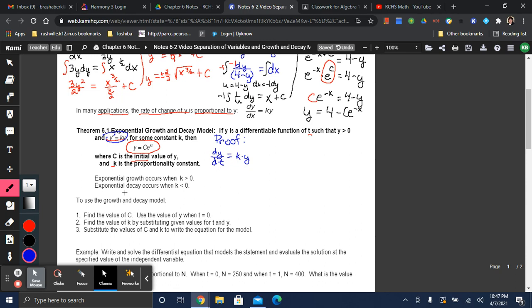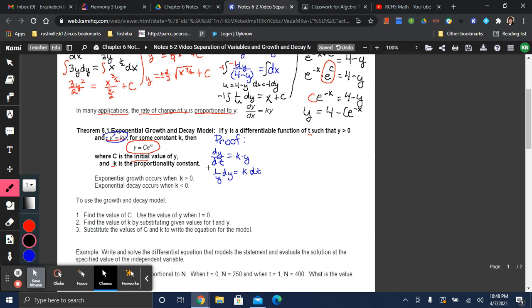So we're going to separate our variables. I need the y on the same side as the dy. So I can divide both sides by y and have 1 over y dy equal to, and then I'm going to separate and bring that dt over with k. So k dt.